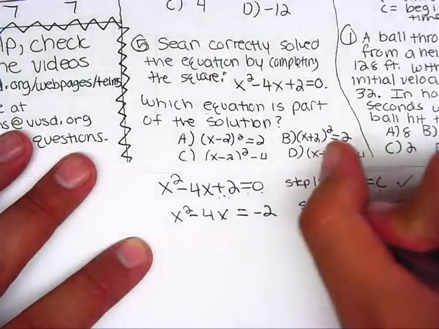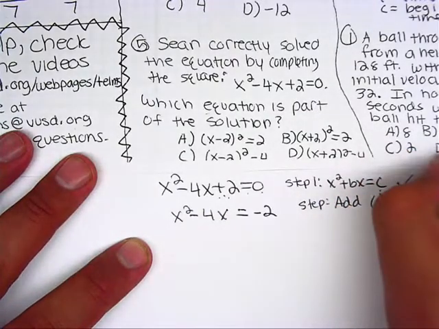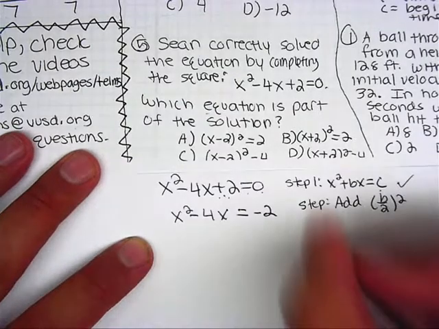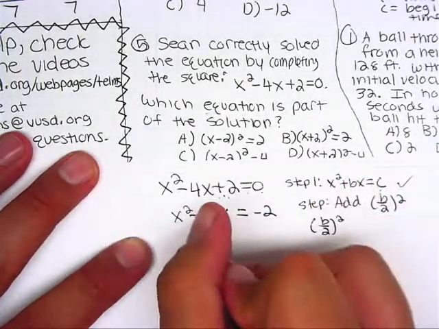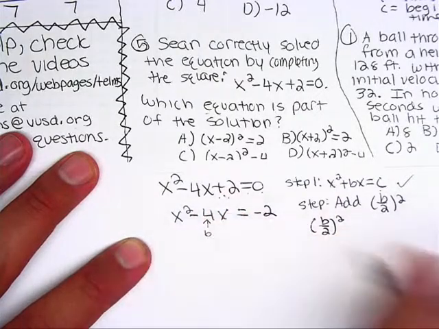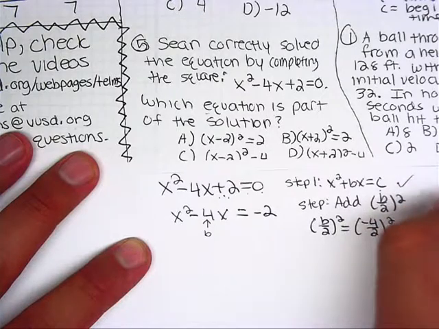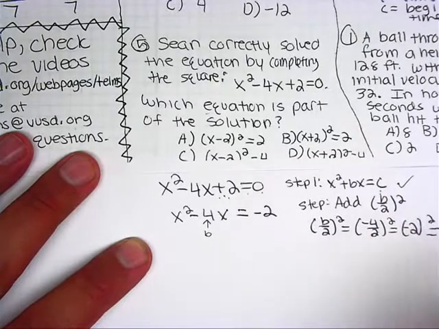Step 2. I'm going to add b over 2 squared to both sides. Well, b over 2 squared, my b term is negative 4. Plug that in. Negative 4 divided by 2 is negative 2 squared is equal to 4.